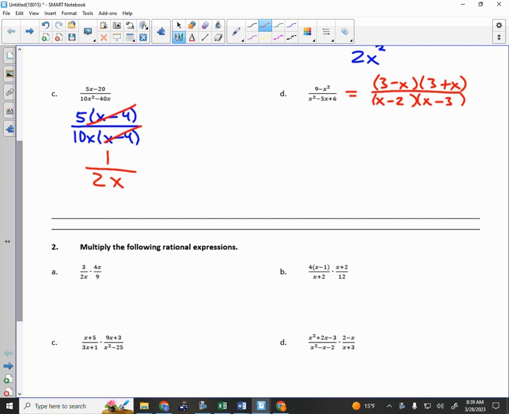This is kind of the one complicated thing you have to see today. What could we factor out of 3 minus x to make it look like x minus 3? We could factor out a negative 1. If you factor a negative 1 out of negative x, it becomes positive x. And if you factor negative 1 out of 3, it becomes a negative 3.